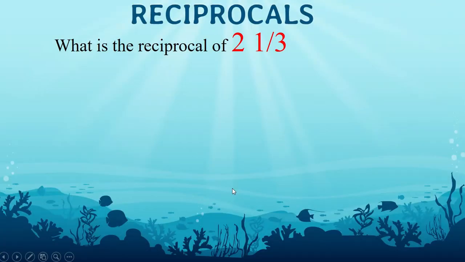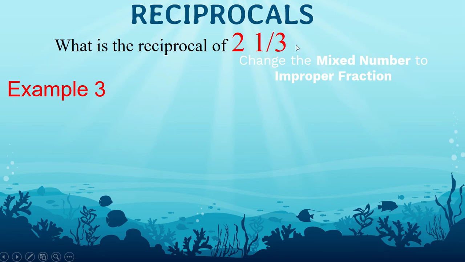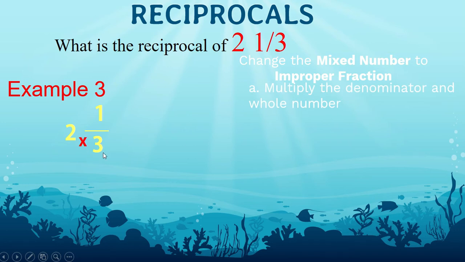I have another example. This is example number 3. We have a mixed number, 2 and 1/3. So, we have to change the mixed number to improper fraction first by multiplying the denominator and the whole number, itong dalawa. 3 times 2, we have 6.